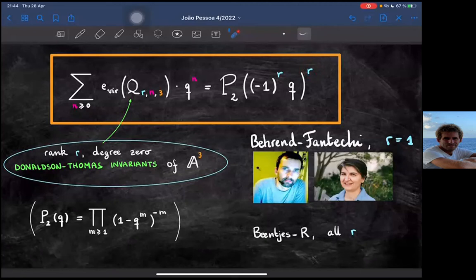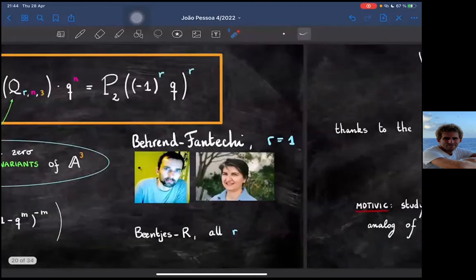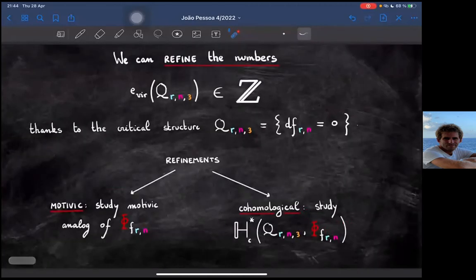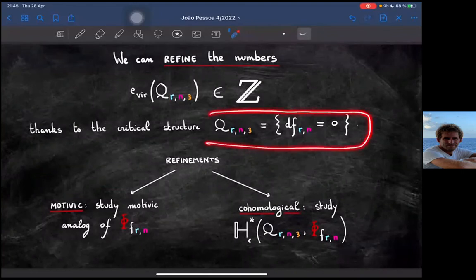Okay, so much for the numbers. But in case we are not interested in just the numbers, but in exploring more refined structures, such as the analogs of, if you want, Poincaré duality, the symmetries that we are losing, well, I claim that these symmetries are hidden in this description.